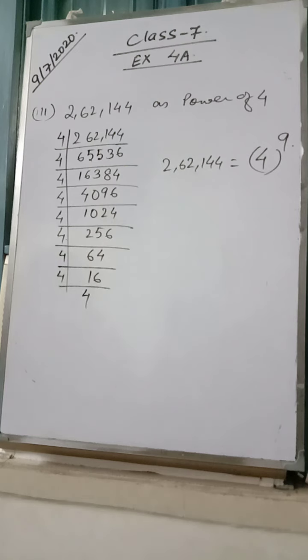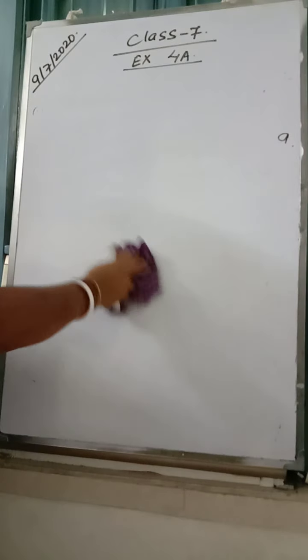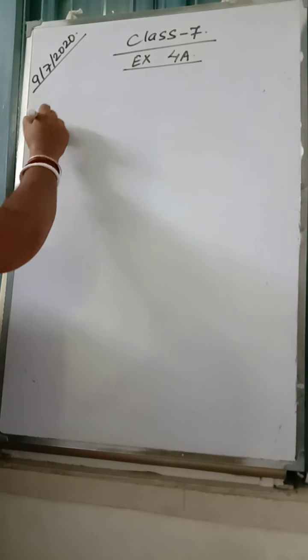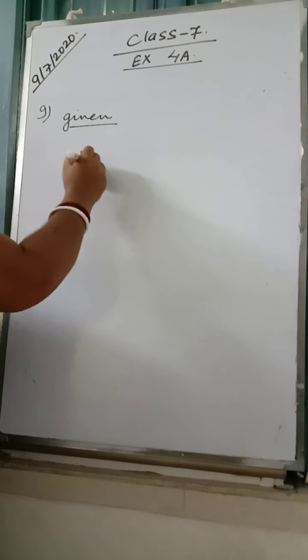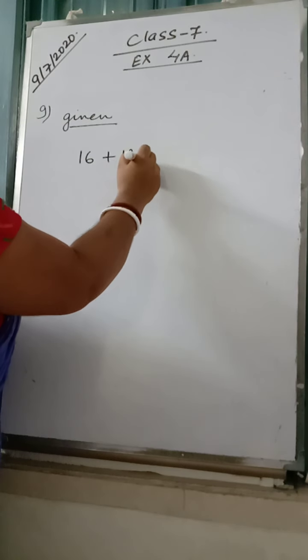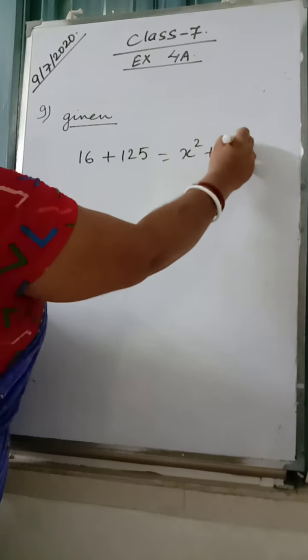Now, first of all, what will be the value of x and y here? See, it is given, number 9: 16 plus 125 is equal to x square plus y cube.